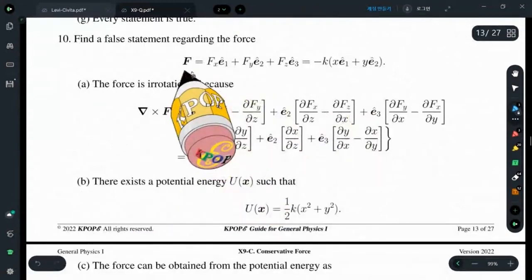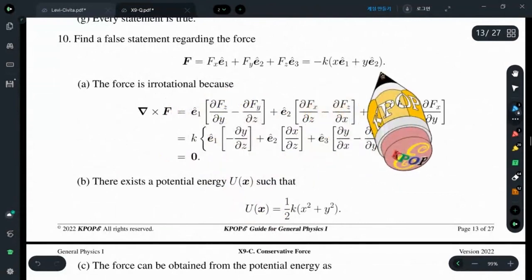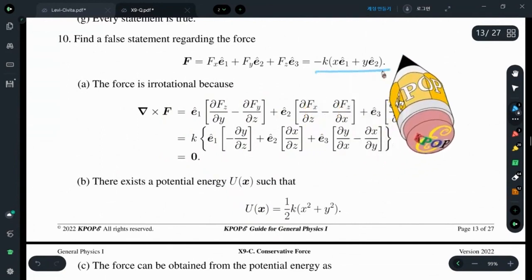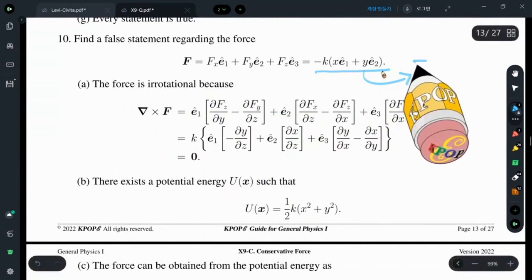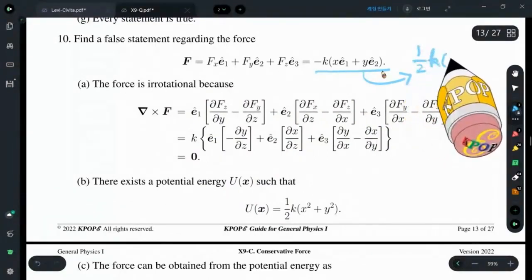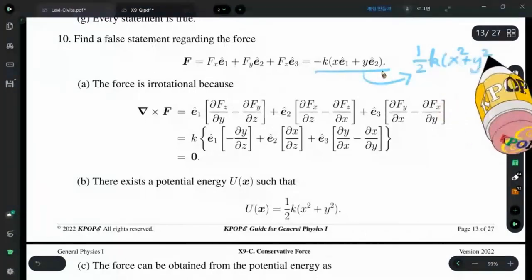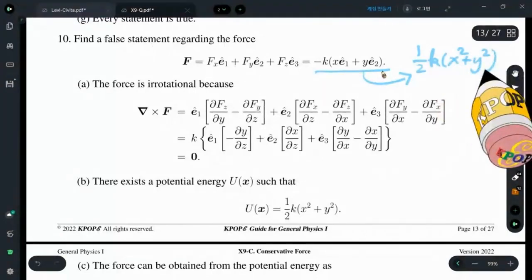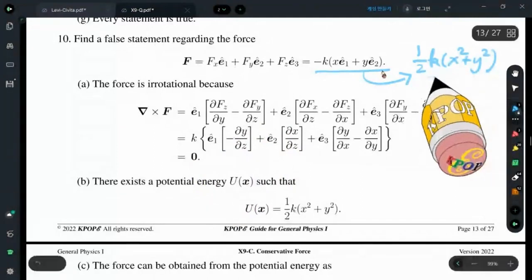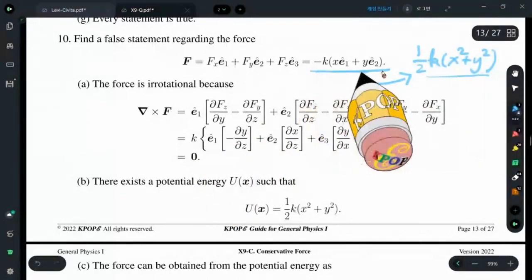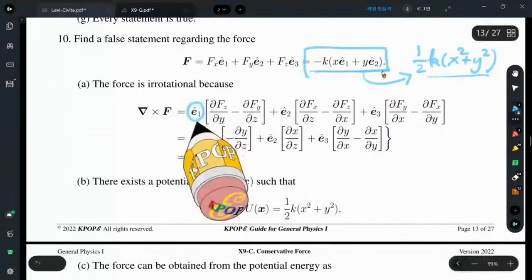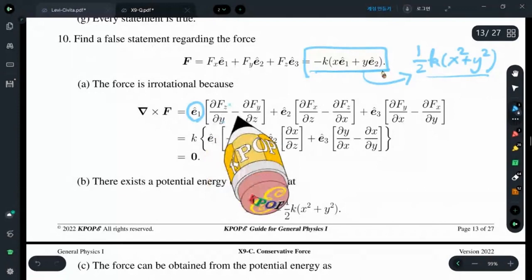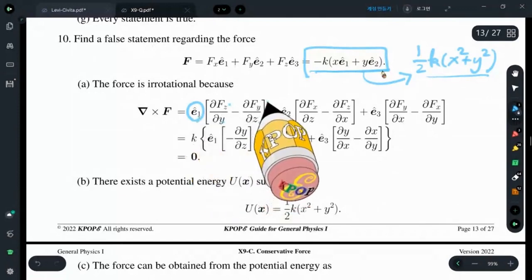We can also compute the curl of this one that we have obtained. This one is a spring force, and we know the potential energy is 1/2 k times x squared plus y squared, right? Anyway, do not consider the potential energy and just consider the force itself. And the curl is 1, 2, 3 minus 1, 3, 2.